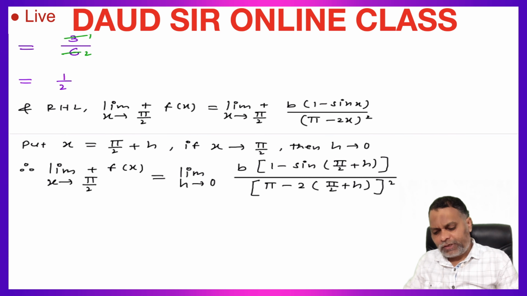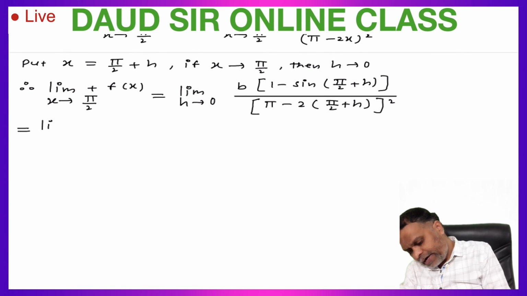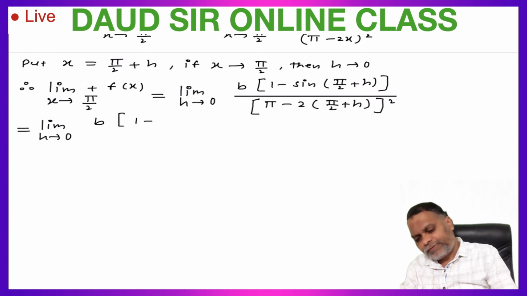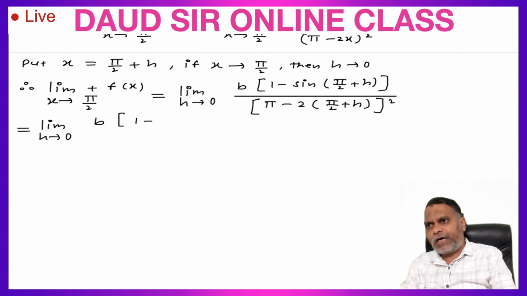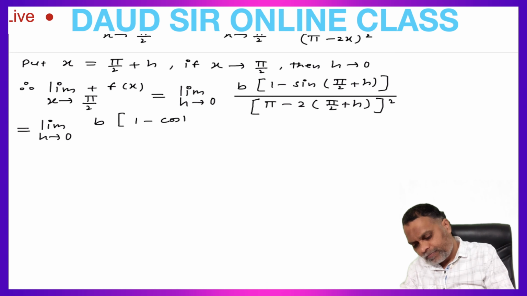Substitute values carefully. Now simplify this: sin (90 plus theta) lies in the second quadrant. In the second quadrant sine is positive, so plus sine. In case of 90 we have to change sine to cos, so sin (pi by 2 plus h) will become cos h.